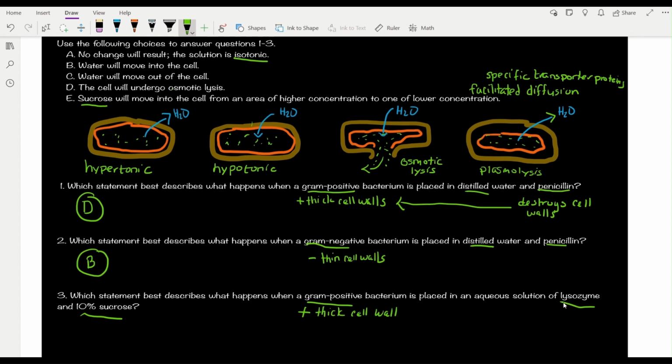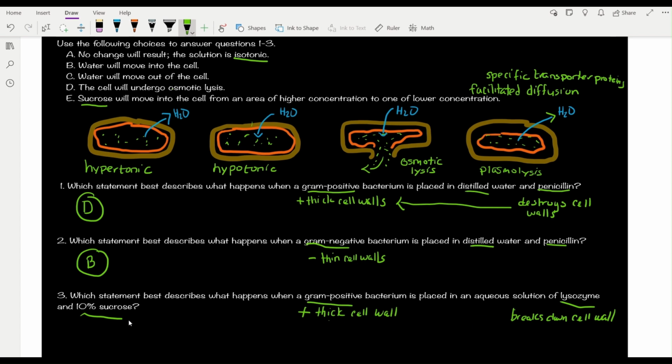We need to know what a lysozyme is. Well, it is an enzyme that breaks down cell wall. So it breaks down cell wall. And we already know that gram-positives, they have a thick cell wall.